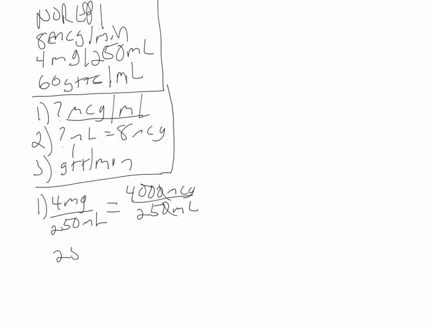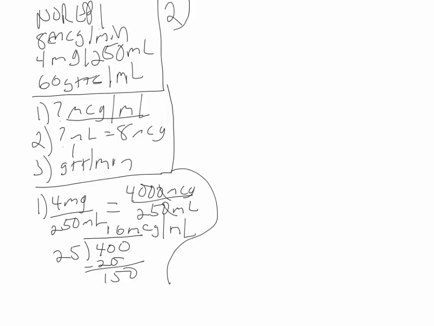That leaves us with 400 divided by 25. So 25 goes into 40 once. 25 goes into 150 6 times. So this is our concentration of 16 micrograms in 1 milliliter.